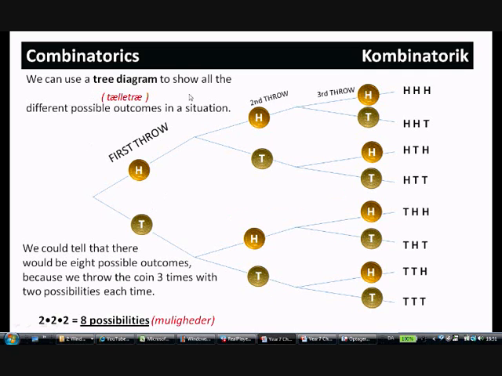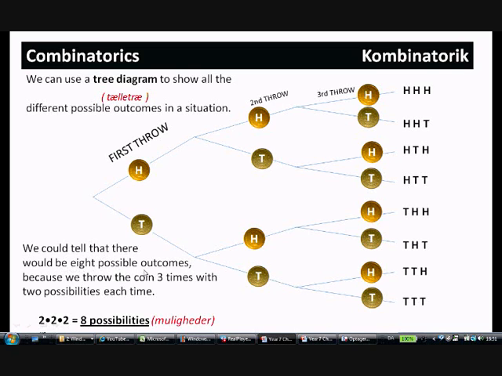So that's called a tree diagram. You can use a tree diagram to show all the possible outcomes, all the possible results in the situation. A tree diagram is taletræ in Danish, and well, we knew it would end with 8 possibilities at the end because there were 2 possibilities each time, and we did it 3 times, and 2 times 2 times 2 is 8, so that's how we knew it would end with 8 at the end.